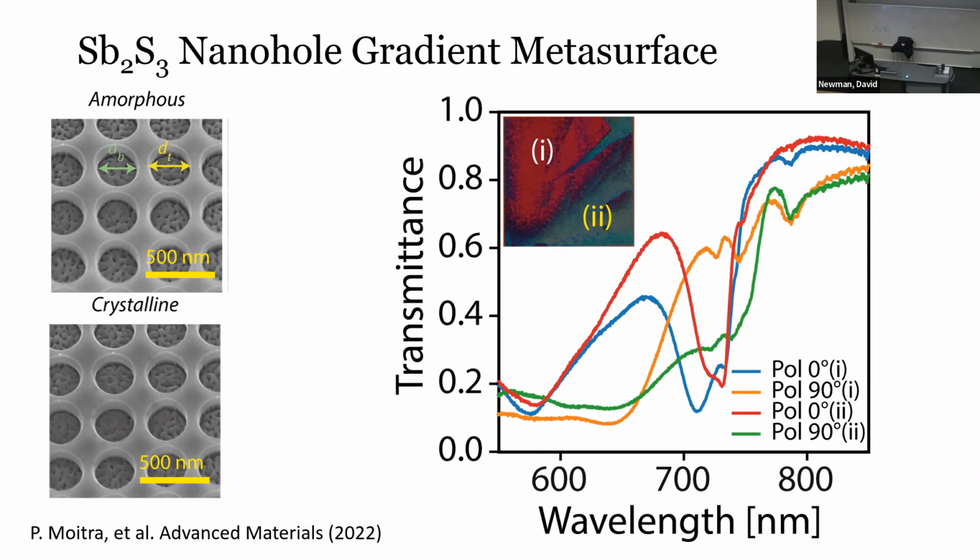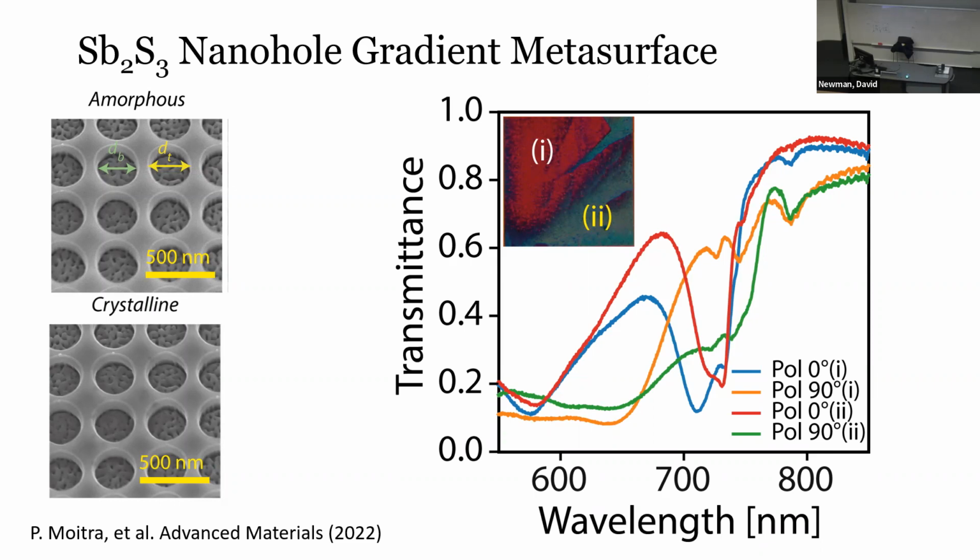My collaborators and friends in IMRI, A*STAR, actually had this idea to solve this problem. And they showed and modeled that this could also be used to create dielectric resonances in antimony sulfide.